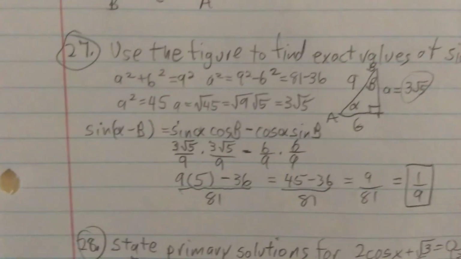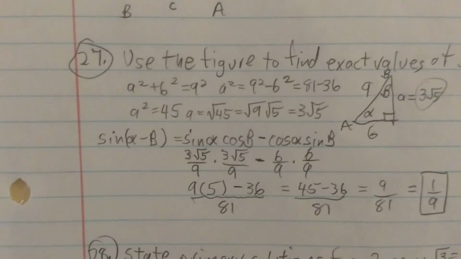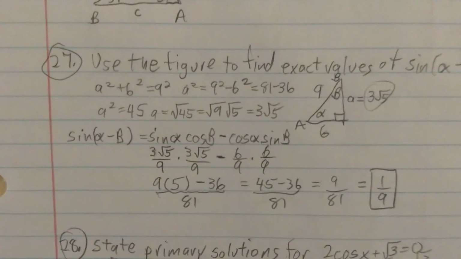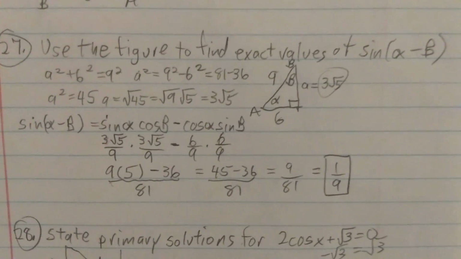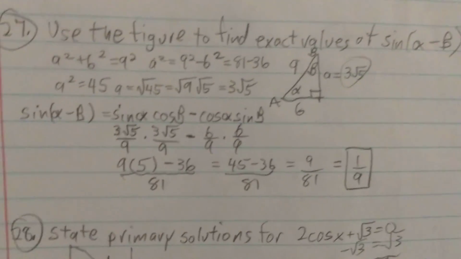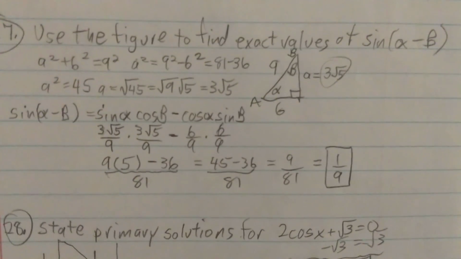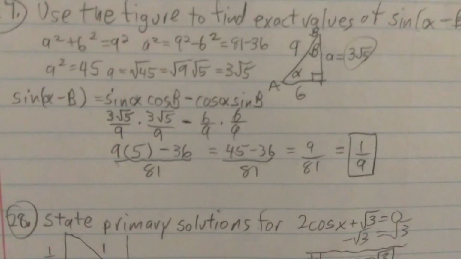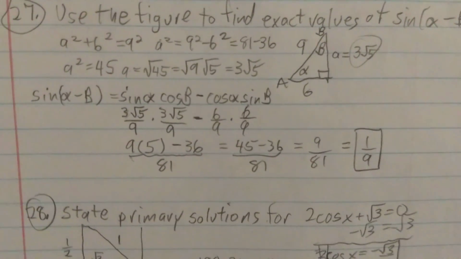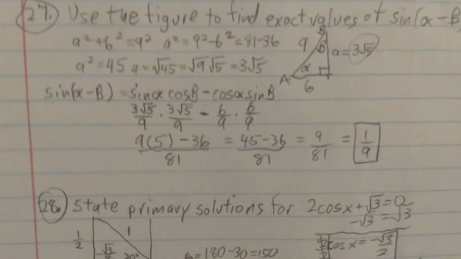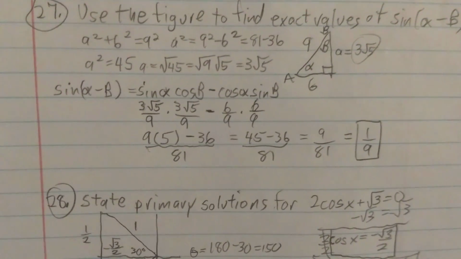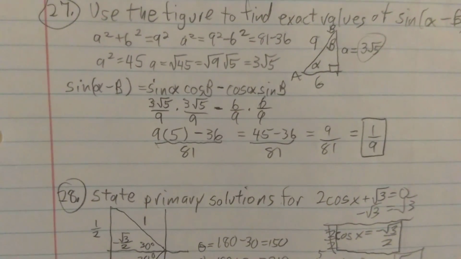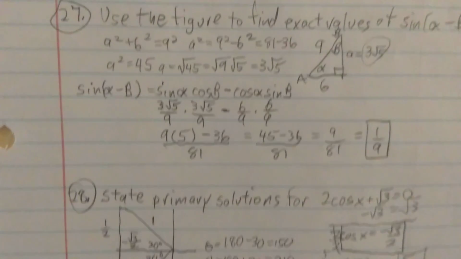Now for the 27th question: use the figure to find the exact value of sine of alpha minus beta. Looking at the triangle, we have triangle ABC with C at the right angle. The side little b is 6, and the side opposite C, the right angle, is 9. We first have to find the side opposite angle A, or opposite alpha.